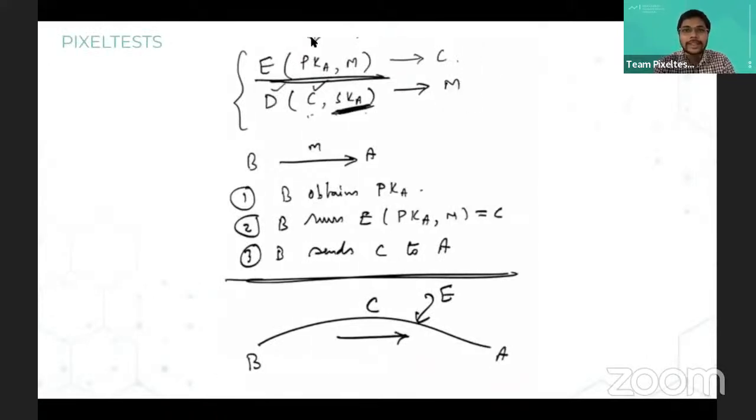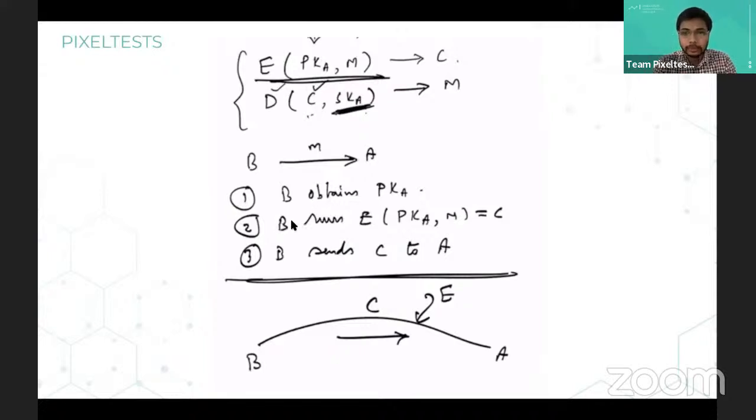Okay, so now let's say somebody is trying to eavesdrop, trying to listen to your message or know your message. What is happening here? B is sending a message to A. The first step is B obtains the public key of A, right? If you are trying to send a message to the Prime Minister, let's say, you should be able to obtain the public key, like where you are sending the message, right?